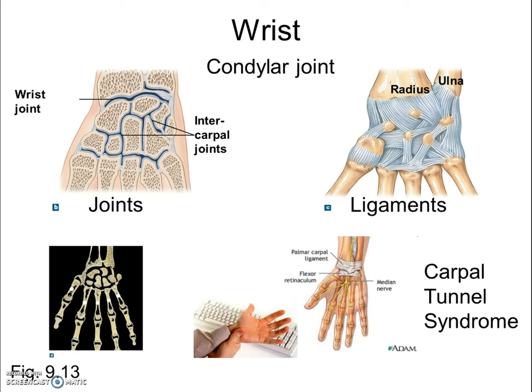You guys probably have heard of carpal tunnel syndrome. Carpal for the wrist, and the tunnel syndrome is basically when you get wrist pain. A lot of times you can get it, for instance, from typing too much. The problem is that you get wear and tear of these ligaments down in the carpal. And when you get wear and tear of the ligaments, now you're pinching on the nerves that run through the arm and into the fingers.